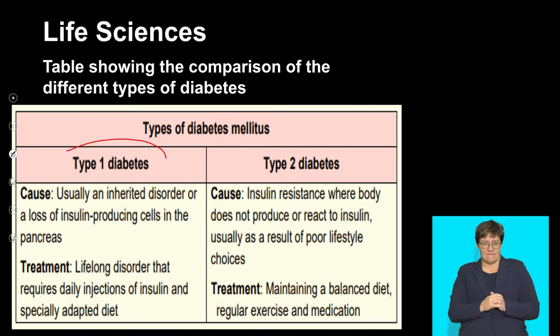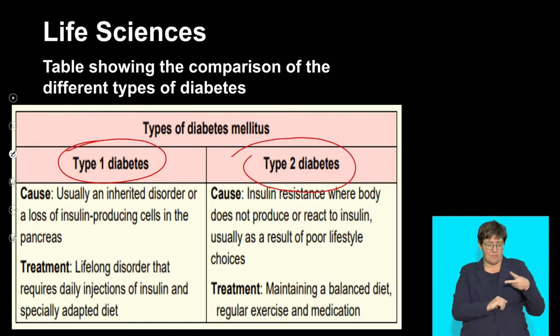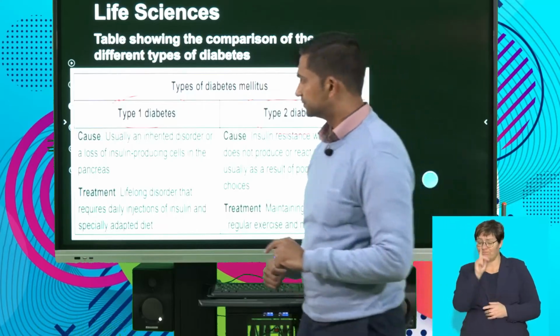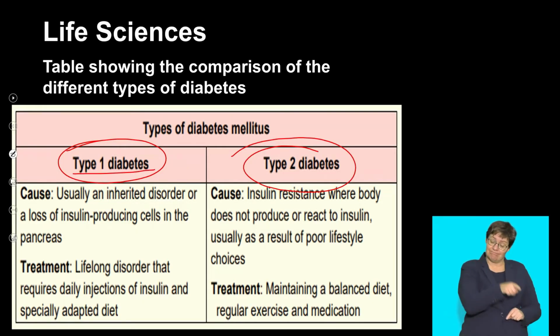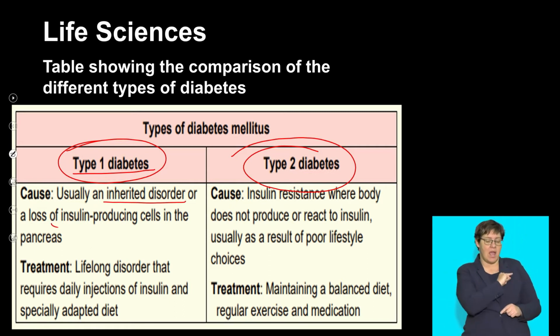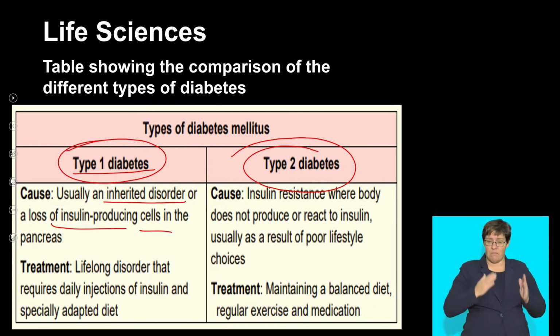Guys, there are two types of diabetes if we broadly speak about that. Type 1 and type 2. What is the difference between these two? Let's unpack that. So the type 1 diabetes essentially is an inherited disorder, and it is a result of insulin producing cells in the body being destroyed.